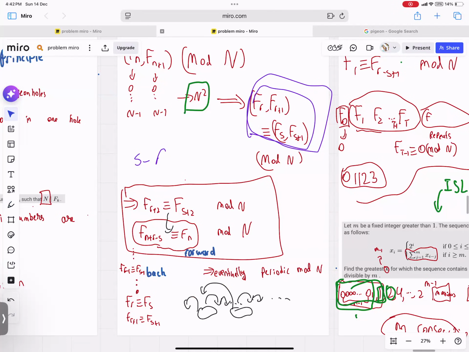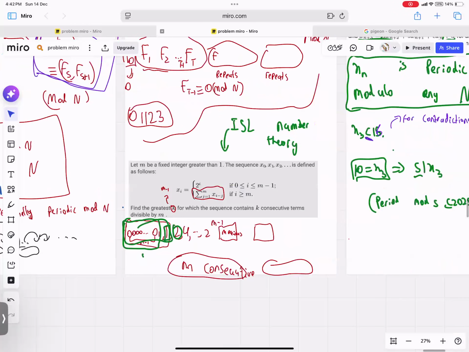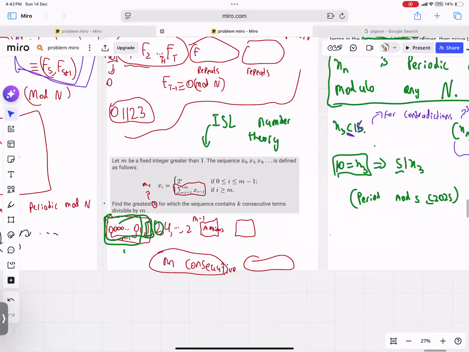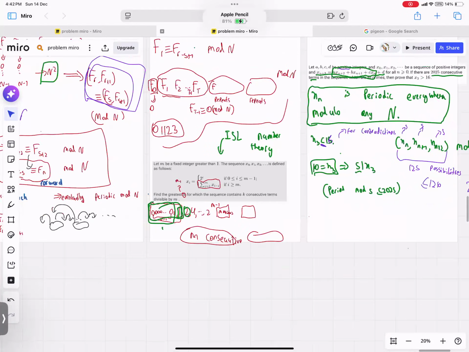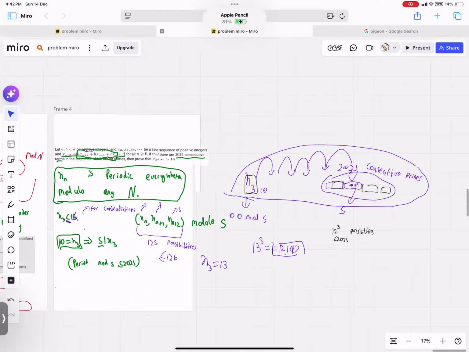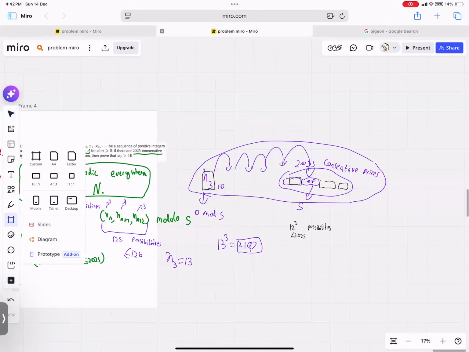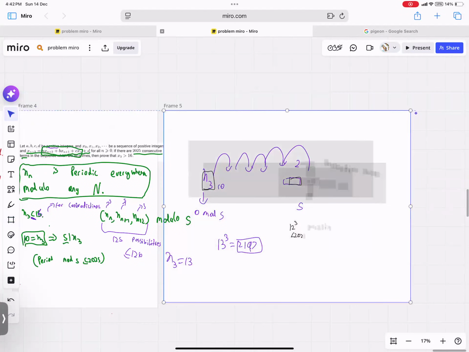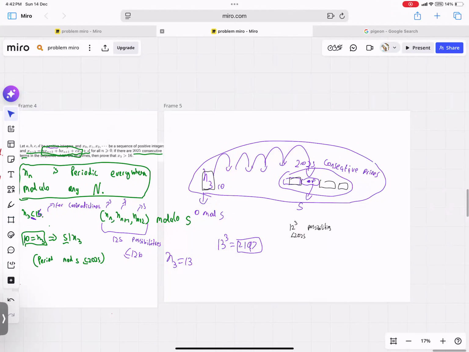Is this fine with everyone? Oh wait, I forgot to make a frame. Let's make a frame. Yes, backtracking, not backbashing.